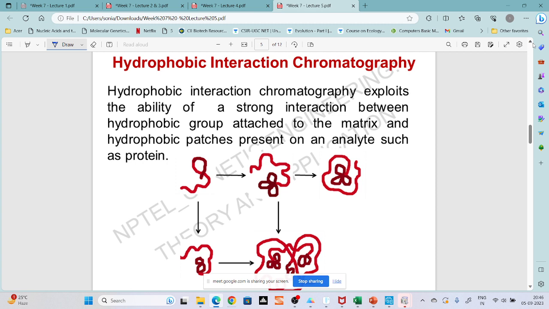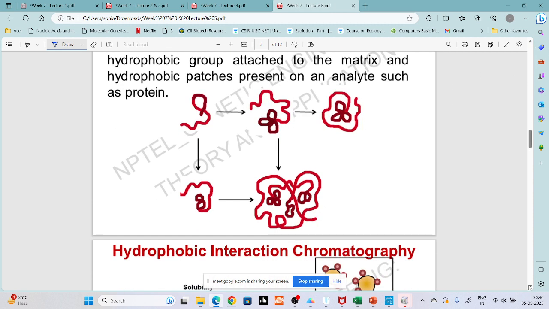Just for the sake of your basic understanding, suppose this is a protein. Every protein has a different conformation in which it folds, a defined folding structure. Whenever we say a protein is denatured, what does that mean?